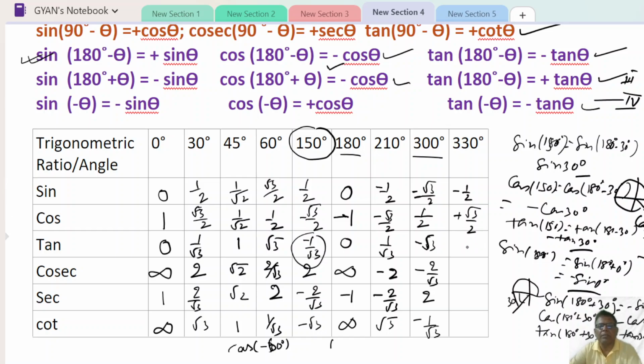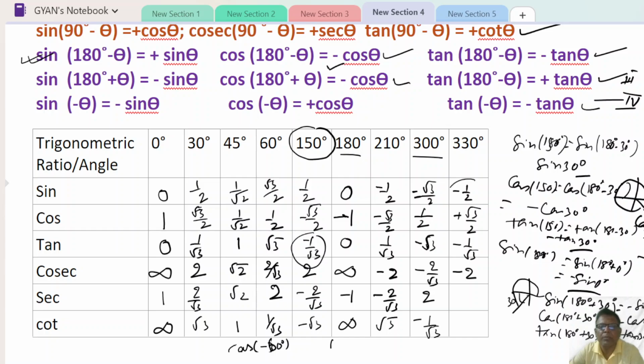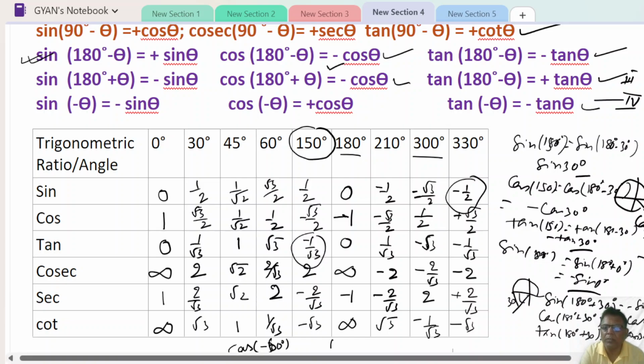Here it becomes minus tan 30, minus 1 by root 3, because tan of minus theta is equal to minus of tan theta. Now the reciprocal of this is minus 2. The reciprocal of this is plus 2 by root 3. Here minus root 3. So this way you can find all the values.